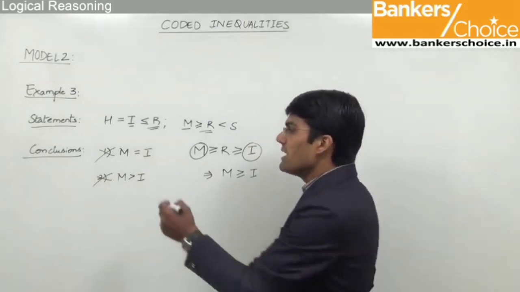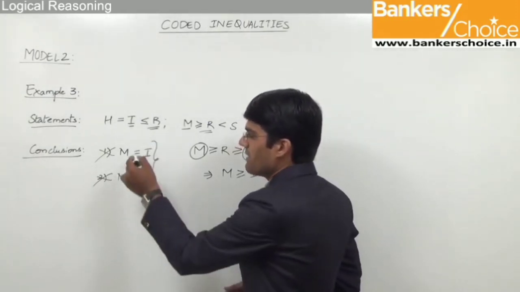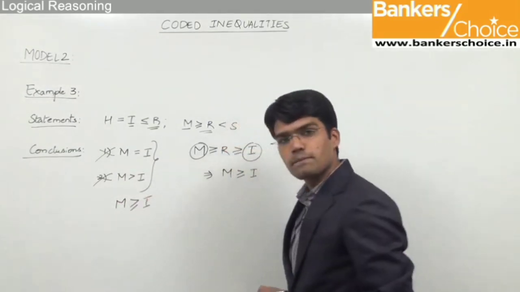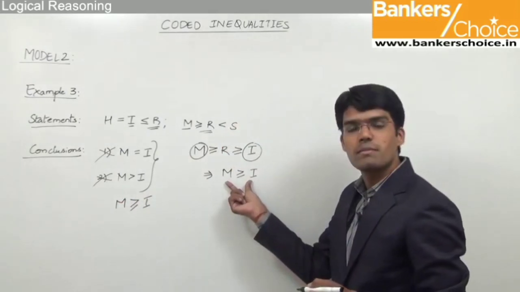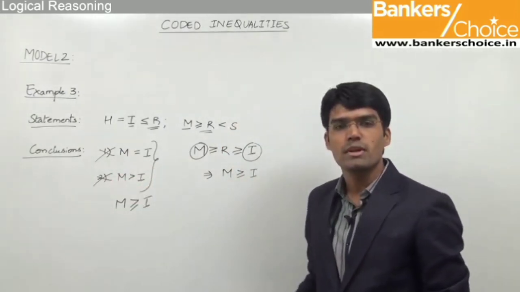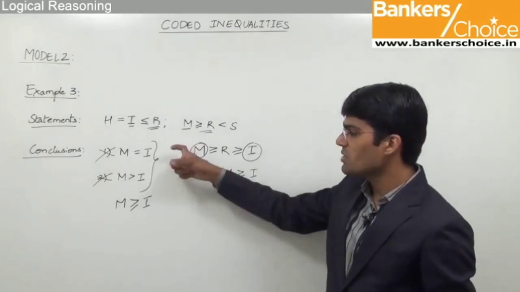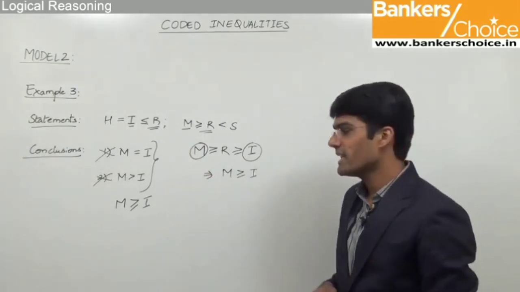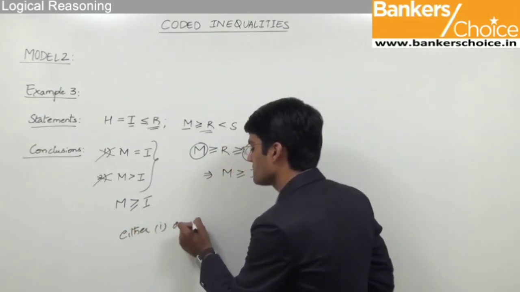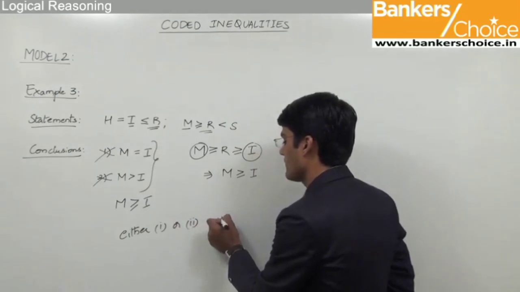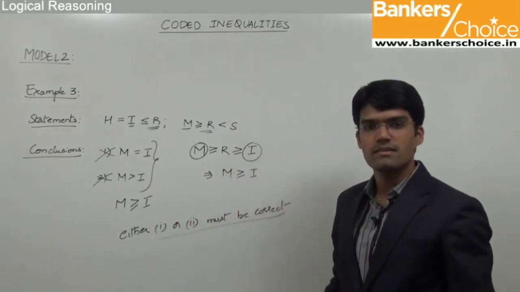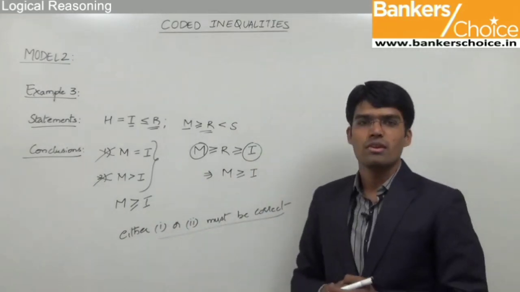But again, if you observe, if we combine these two conclusions, we come out with a relationship that M is greater than or equal to I. And that is the correct relationship between M and I. So we can say that conclusion number 1 and conclusion number 2 independently are false, but the combination of 1 and 2 has to be correct. So we can say that either 1 or 2 must be correct. So the answer for this question is either conclusion 1 or 2 is true.